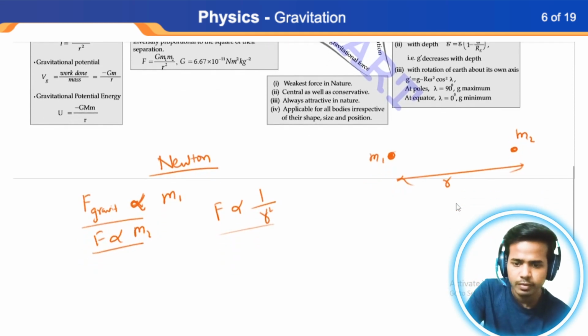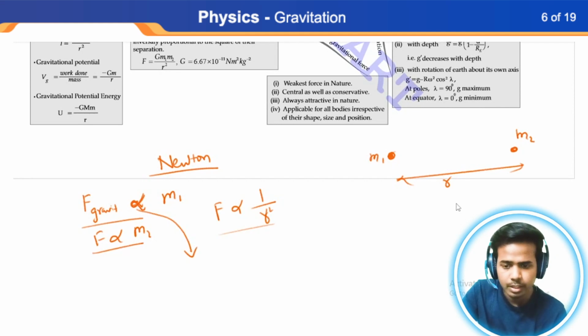This was the basic proportionality given by Newton in the field of gravitation. And when you combine all of them, you convert proportionality into equality.